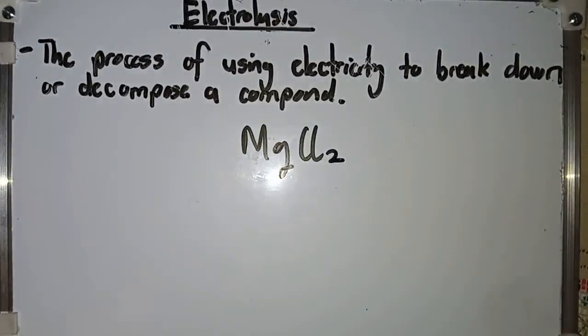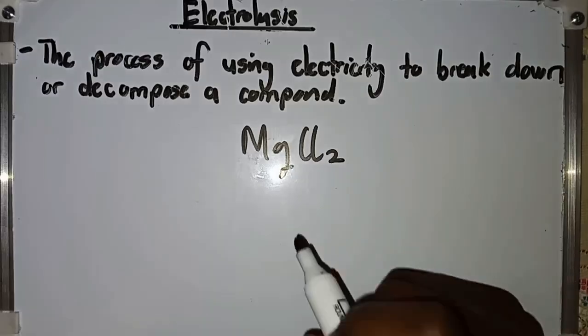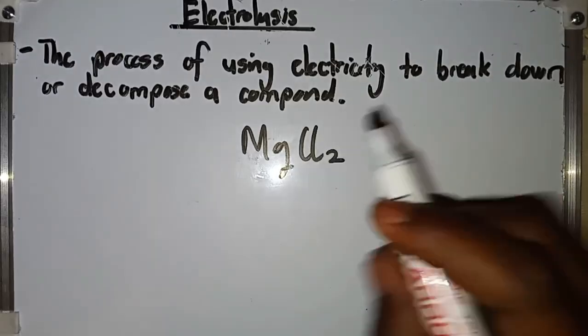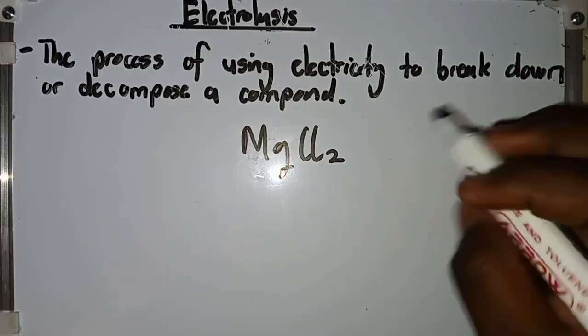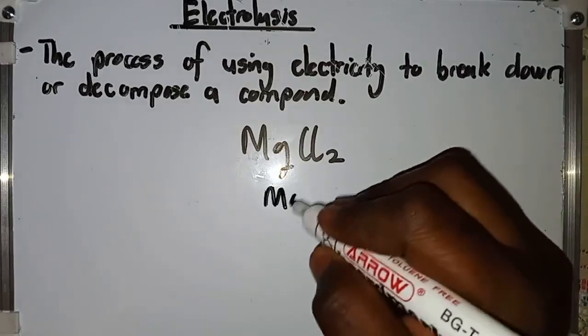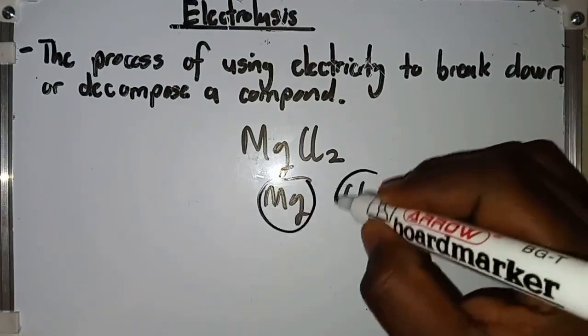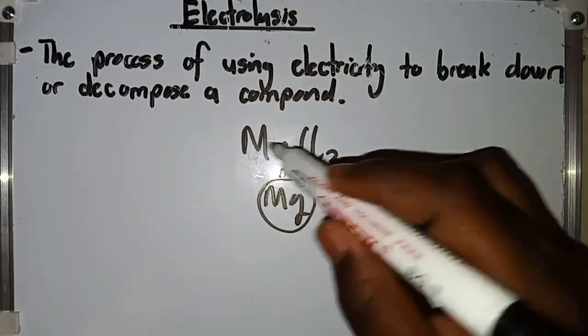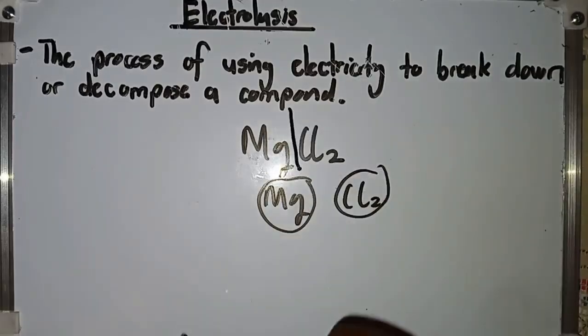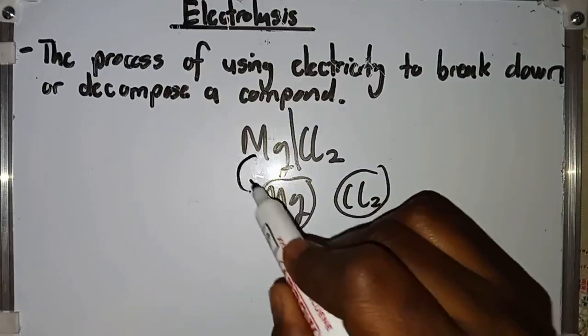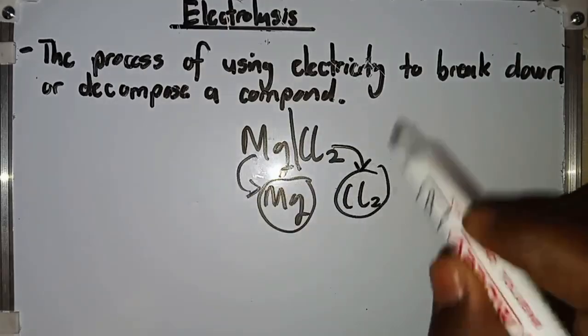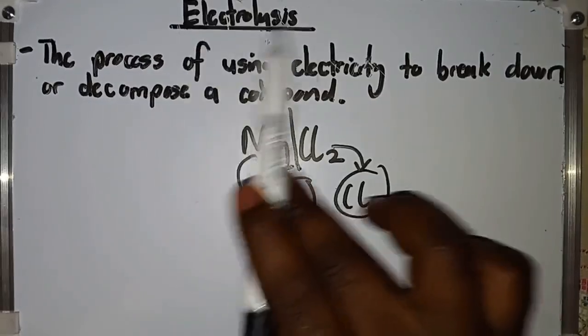we have shown you how to deduce the compound formula for compounds. We have magnesium compounds. Magnesium chloride is formed from magnesium and chlorine. So if we want to break down this compound into magnesium and chlorine separately, that's when we use electrolysis.